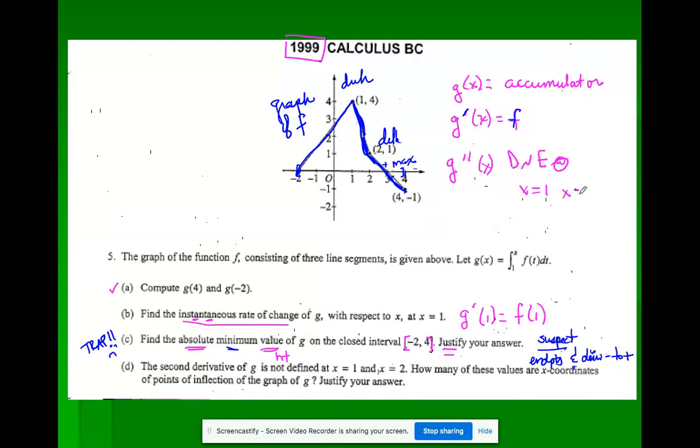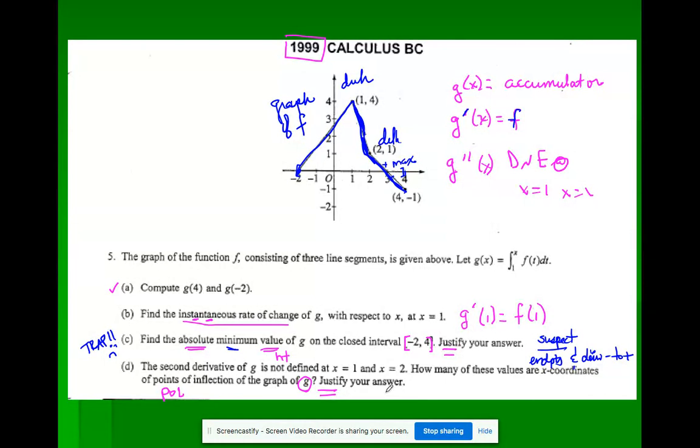How many of these values are x coordinates of points of inflection on g? Justify. So here's what they're trying to get you to realize, right? It is the second derivative that tells me about a change in concavity.